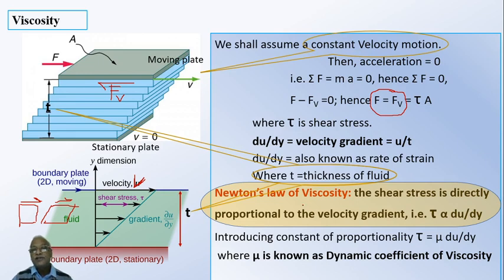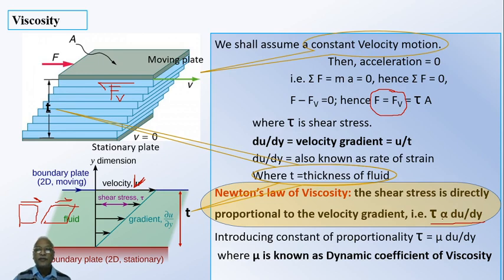Now there is a law of viscosity defined by Newton: Newton's law of viscosity. The shear stress, whatever tau we have, is directly proportional to the velocity gradient. In equation form, it's quite simple: the shear stress tau is directly proportional to du by dy.